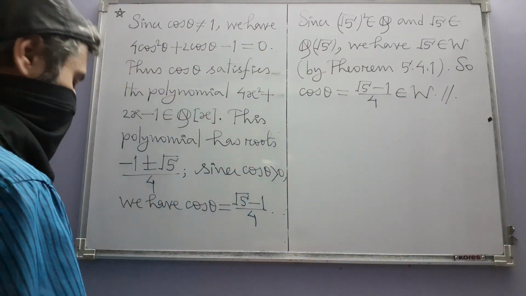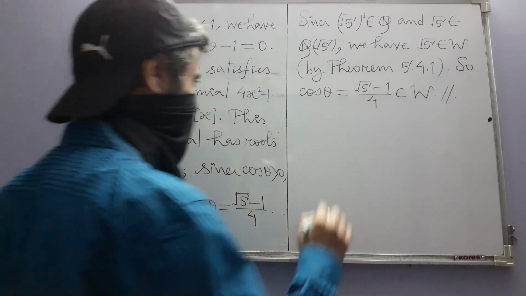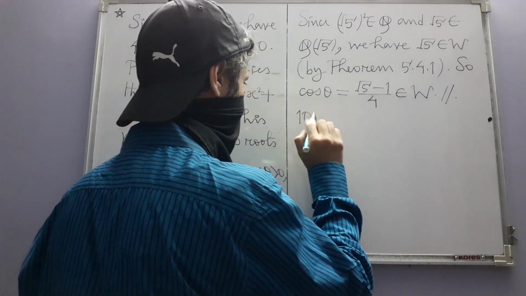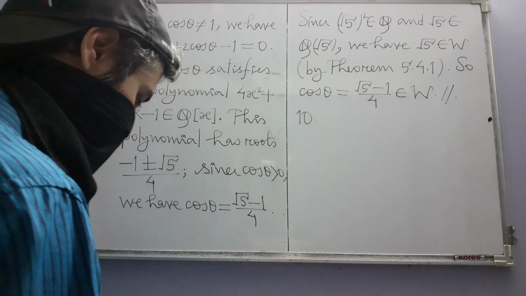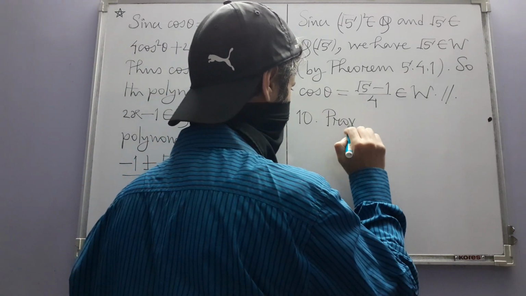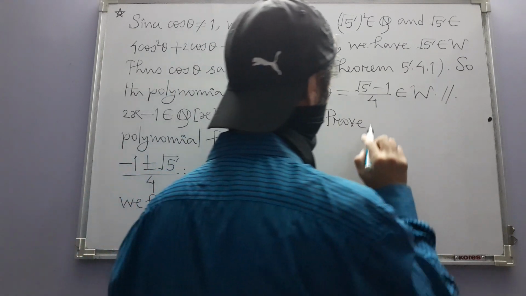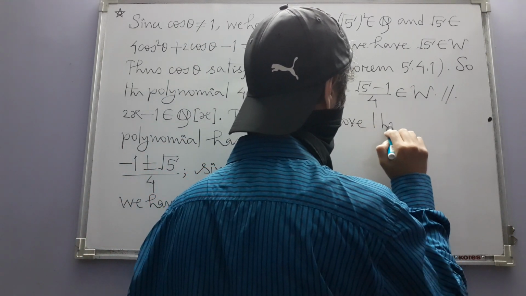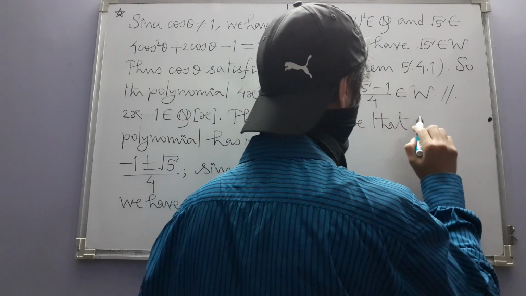And let's see another one of this type, the next one, and then we will stop. Prove that the regular hexagon is constructible. This one is much easier, it's almost instant.